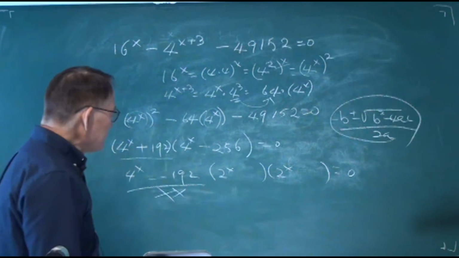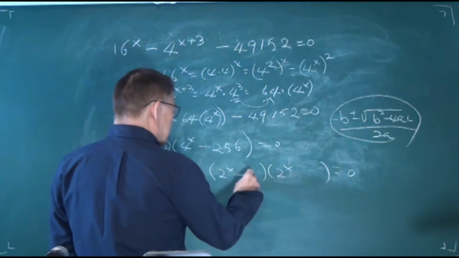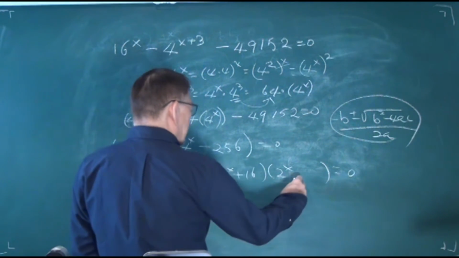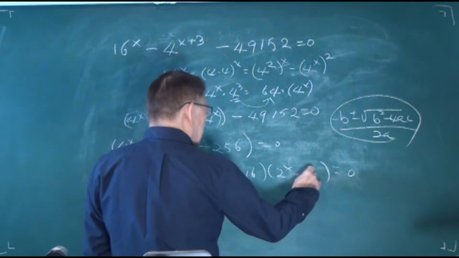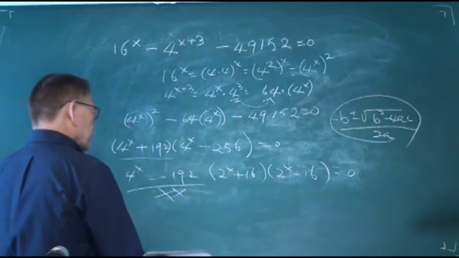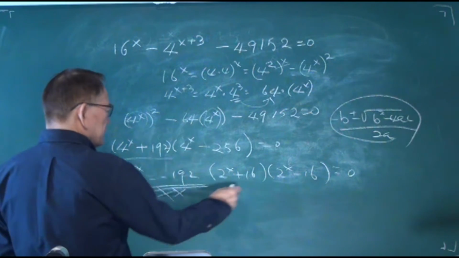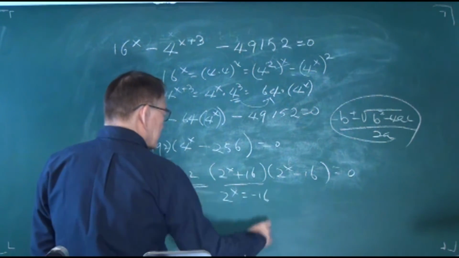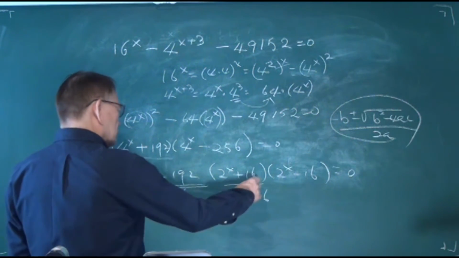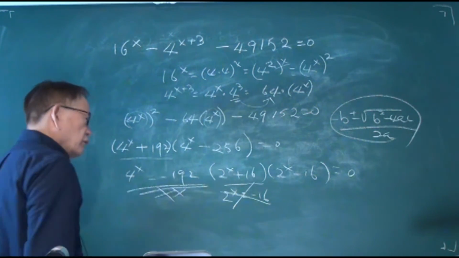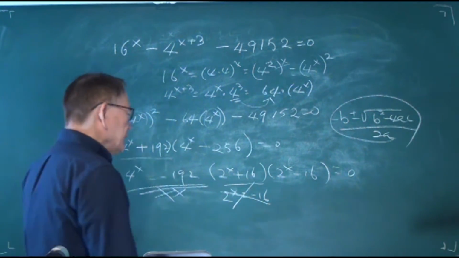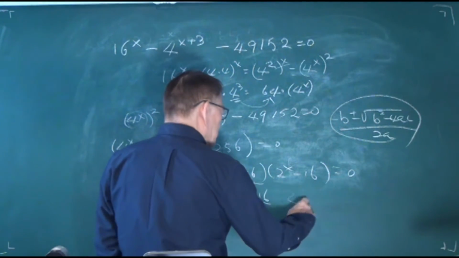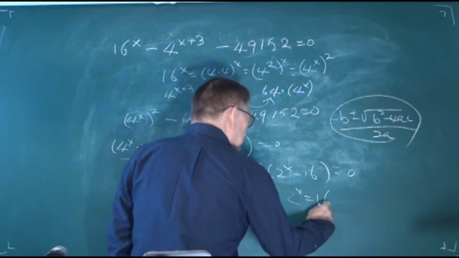So this will be 2 to the x plus 16 and 2 to the x minus 16. Same as here, 2 to the x equal to negative 16 gives no solution for that case. Now here, 2 to the x equals 16.